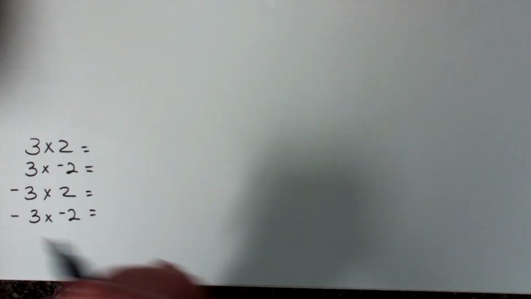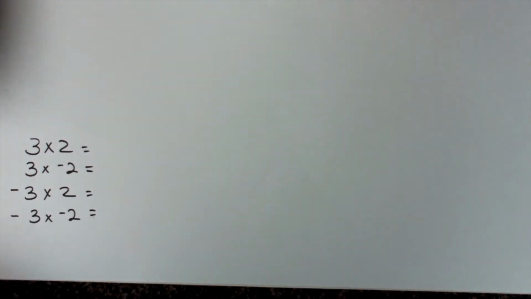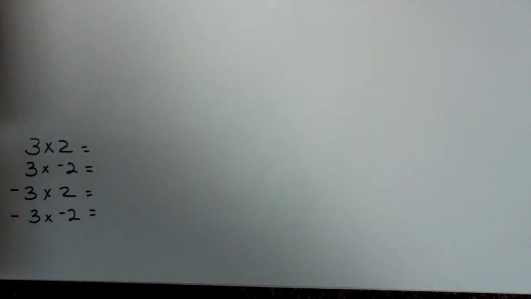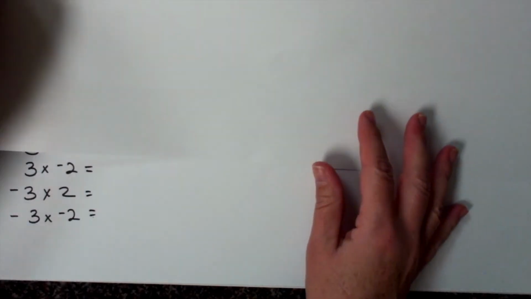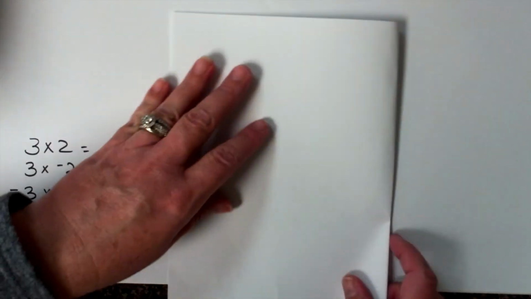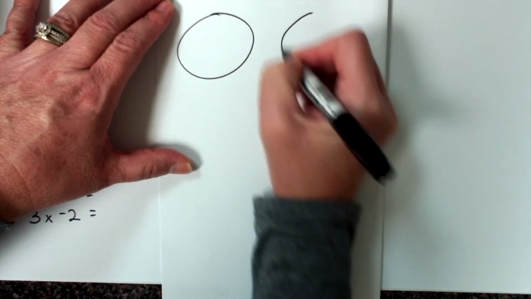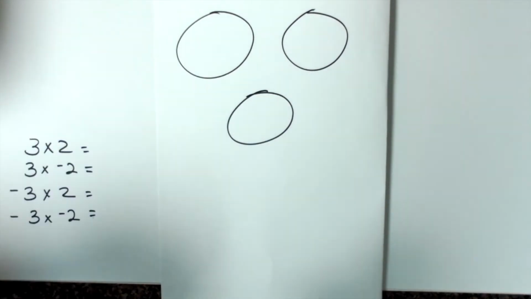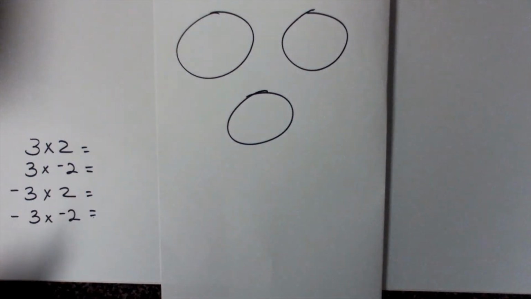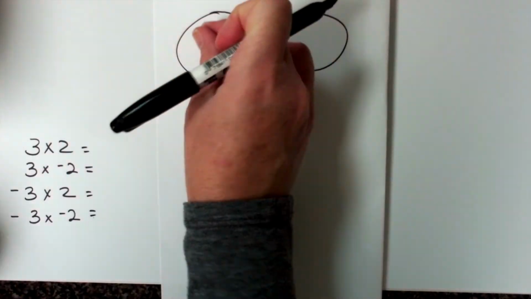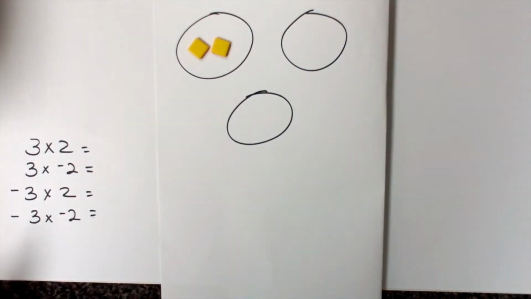So I could actually do my 3 groups, and I'll do that up here on this sheet. So I want to draw my 3 groups of 2. And so it's positive 2. So I'm going to put 3 groups of 2.